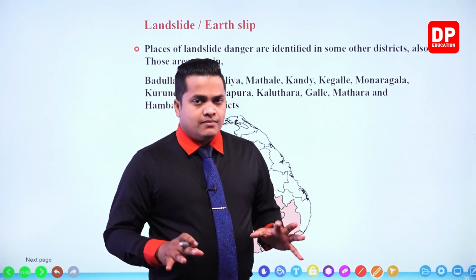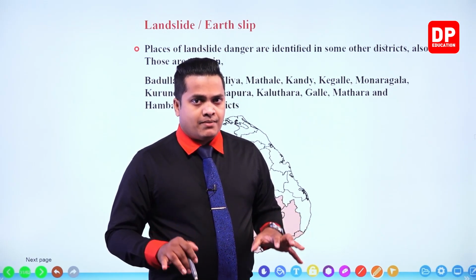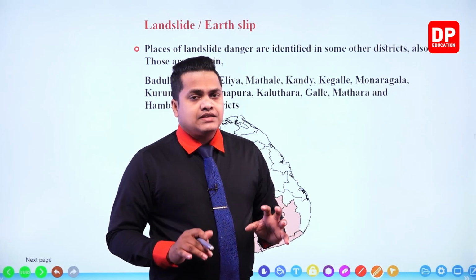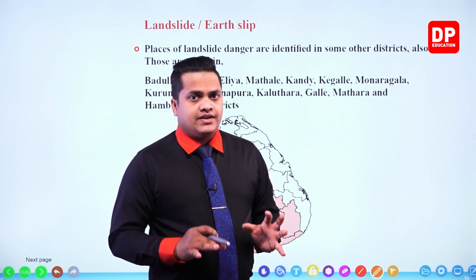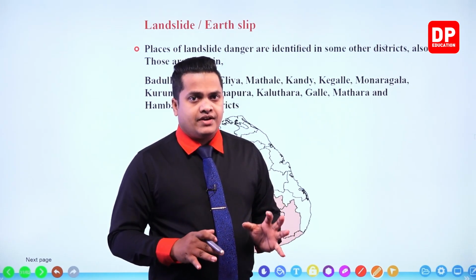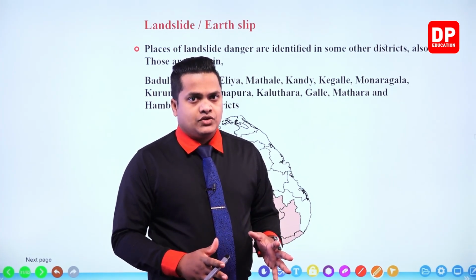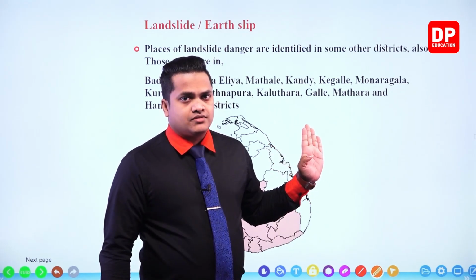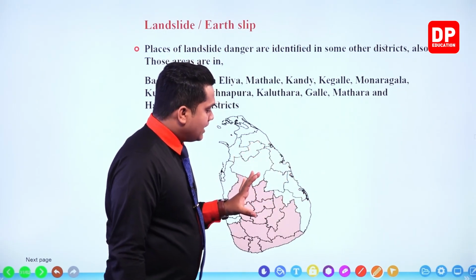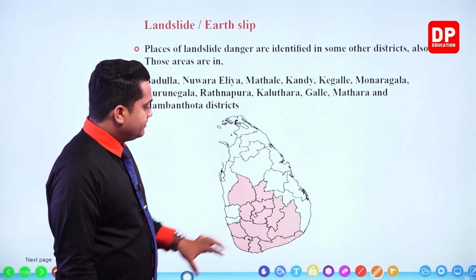When you check the map of Sri Lanka, there are several areas which the scientists or geologists have identified as having a risk of landslides. These districts are highlighted in the given figure.